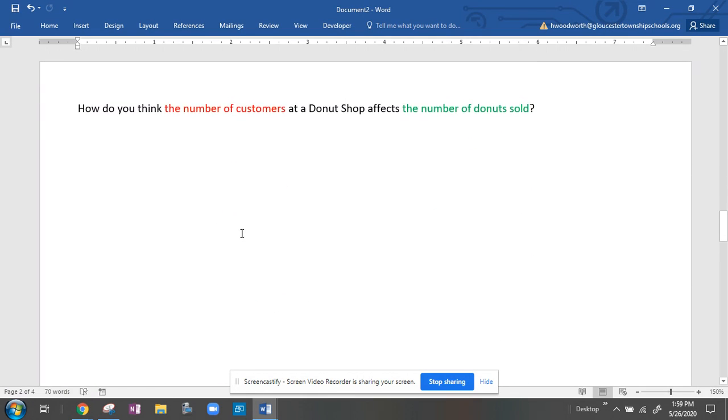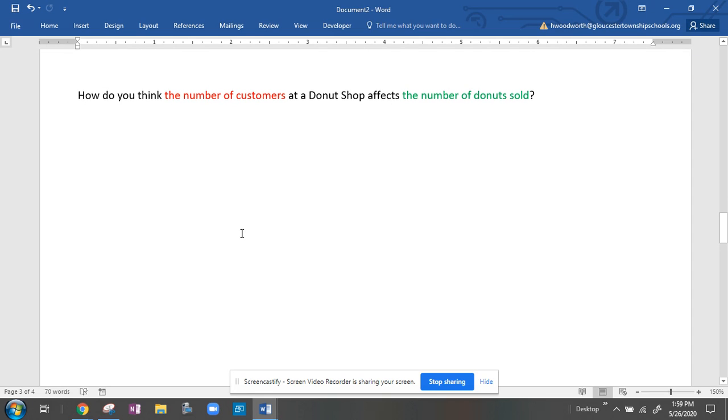These are all scatter plots that I'm showing you. They're showing bivariate data, and they are trying to see if there's a relationship between the two variables that have been measured. How do you think the number of customers at a donut shop affects the number of donuts sold? So if I were to say the more customers at the donut shop, how would you finish that statement?